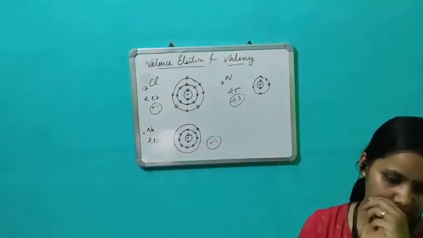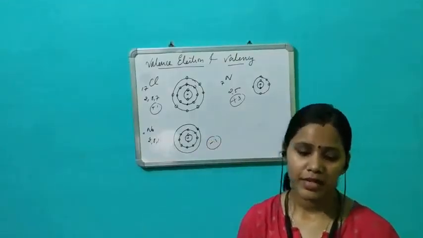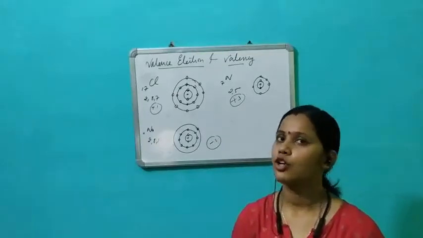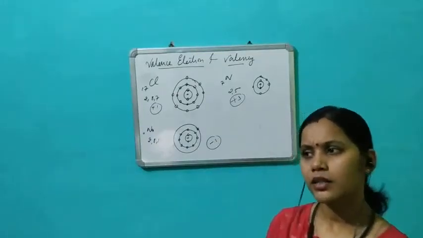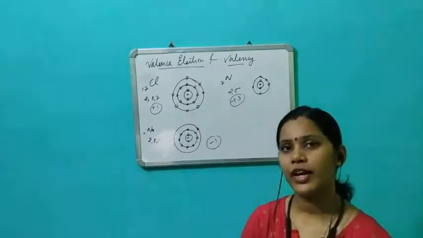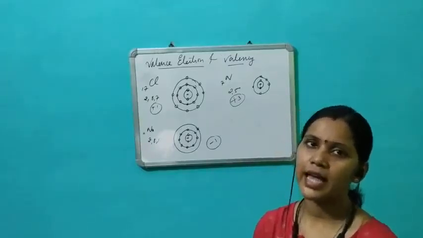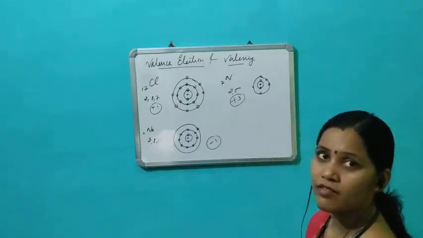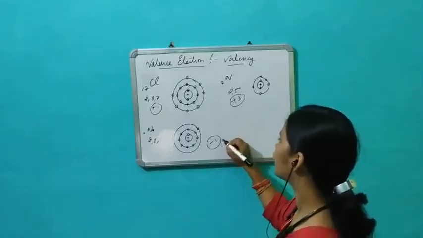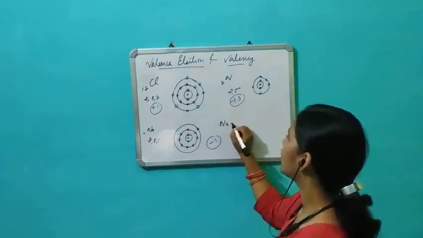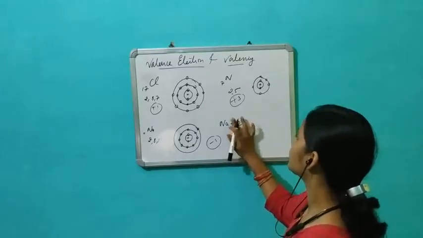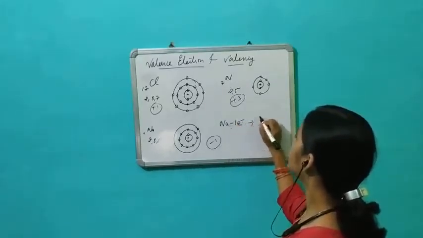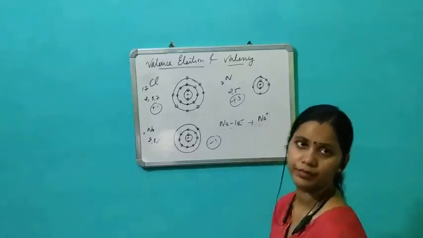So valency, in simple language, is the combining capacity of an element. Or in other words, the number of electrons a species can lose or gain is the valency. So what is the valency of sodium? Because sodium can lose 1 electron, its valency is 1.